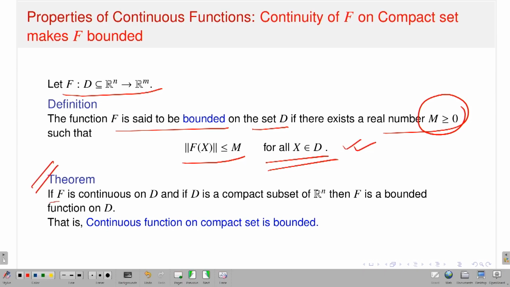It says that if capital F is continuous on D and D is a compact subset of Rn, then it is always bounded.